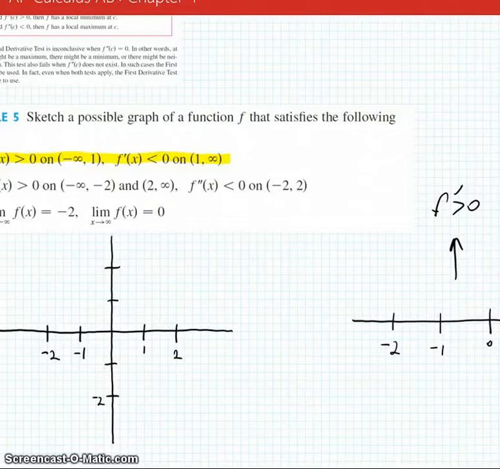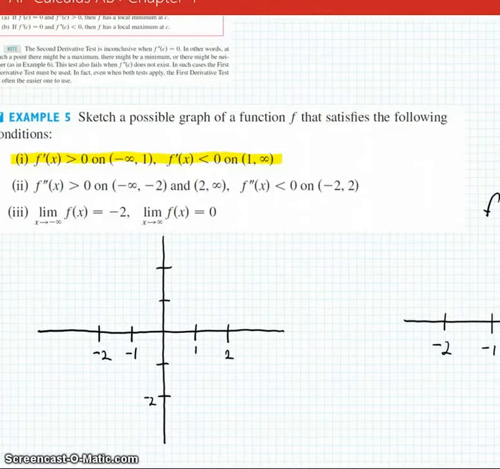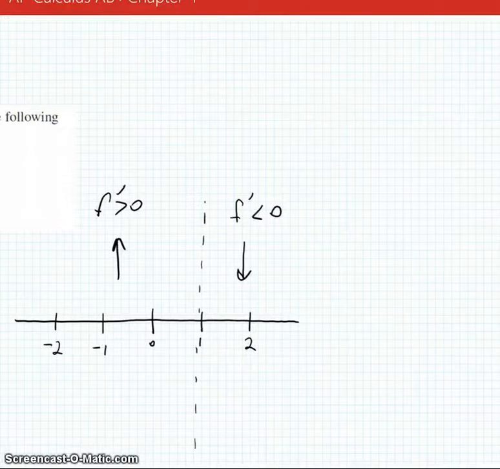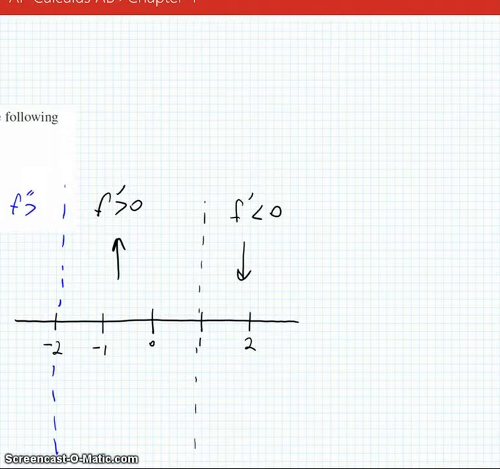As for the second derivative test, we can see that the function is concave up from negative infinity to negative 2. So we're concave up there, which looks like that.